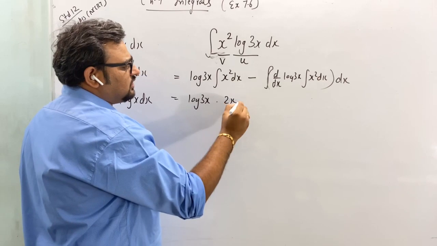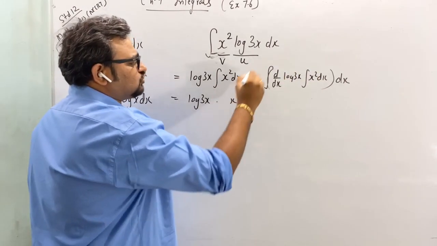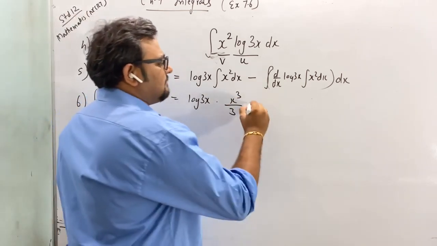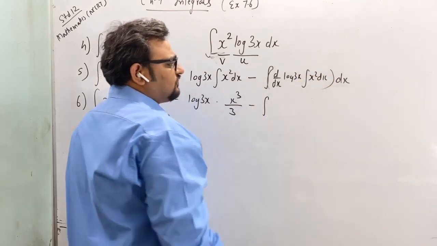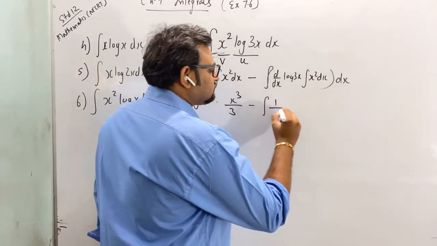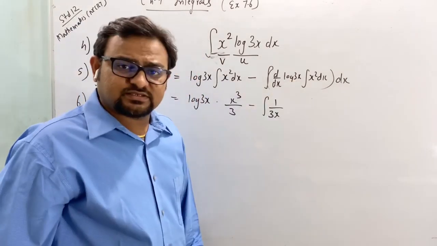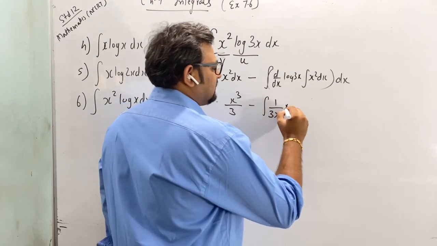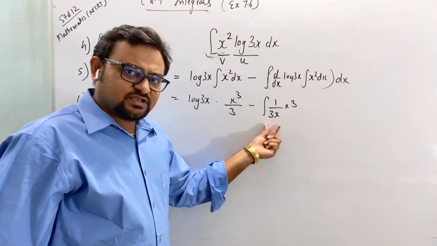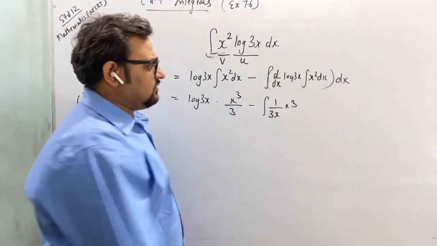So this will be equal to integration of x square, x raised to 2 plus 1, 3 upon 3, minus d by dx of log 3x. Derivative of log x is 1 by x, into d by dx of 3x, it will be 3. Right? So derivative of log 3x will be 1 by 3x, into d by dx of 3x, which is 3.